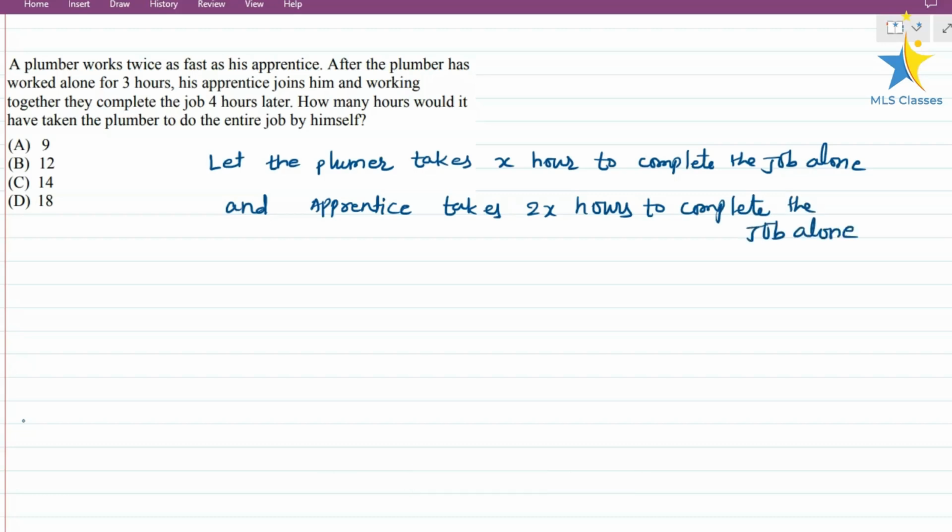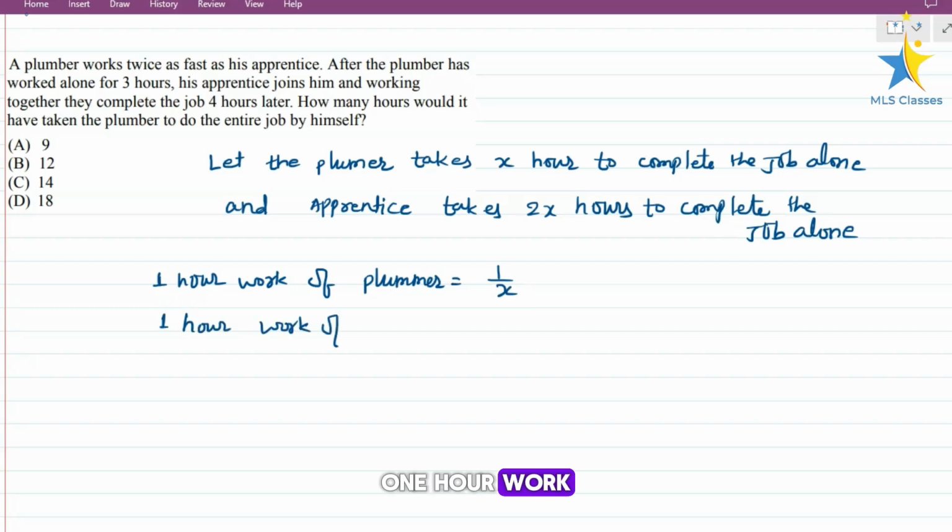From here it is saying that the plumber has worked alone for 3 hours. He can complete the job in x hours. So 1 hour work of the plumber will be equal to 1 over x part, and 1 hour work of the apprentice is equal to 1 over 2x part.